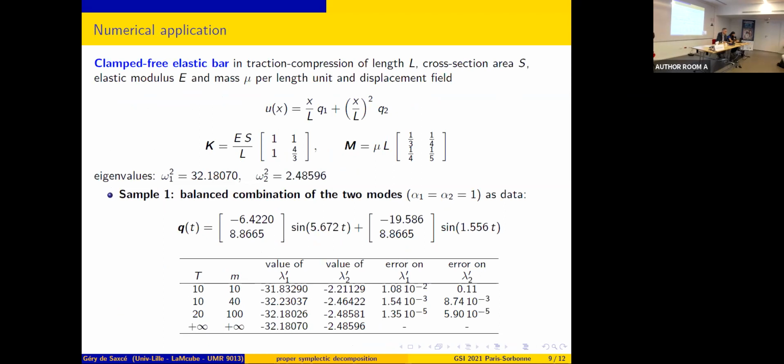Now, to illustrate, we consider a simple problem of a clamped-free elastic bar interaction. And so we choose an approximation of the displacement depending on 2 degrees of freedom. We can calculate the corresponding exact Hamiltonian.